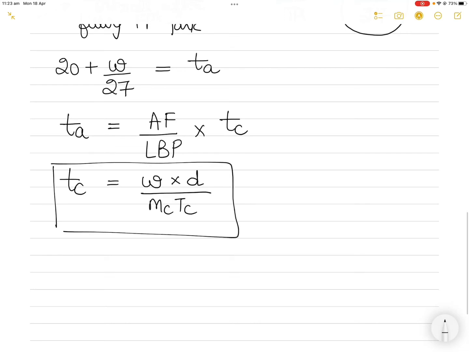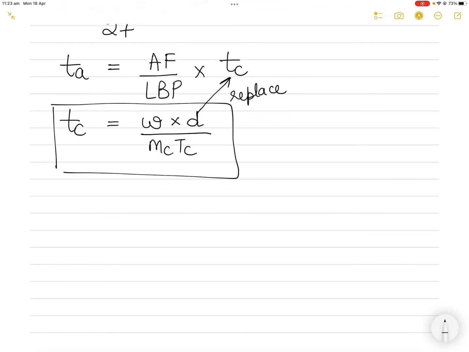So I will take this formula and replace it here. So the change in the aft draft required equals AF by LBP, and instead of writing the change in trim I will write W times D by MCTC.